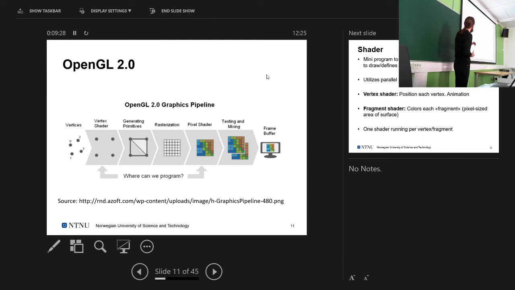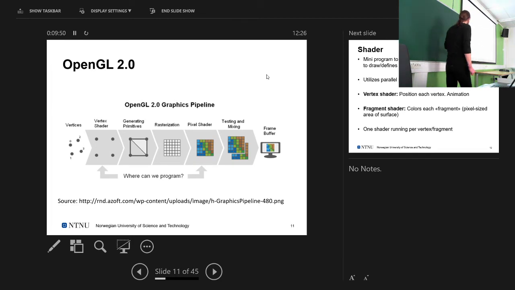But I call it pixel shader, obviously, in this version of OpenGL. And then you have some testing and mixing, and then you put things into the frame buffer, which basically enables it to be put onto the screen. So the programmable part of this pipeline is the vertex shader and the fragment shader, which they call pixel shader here, but it's the same thing.